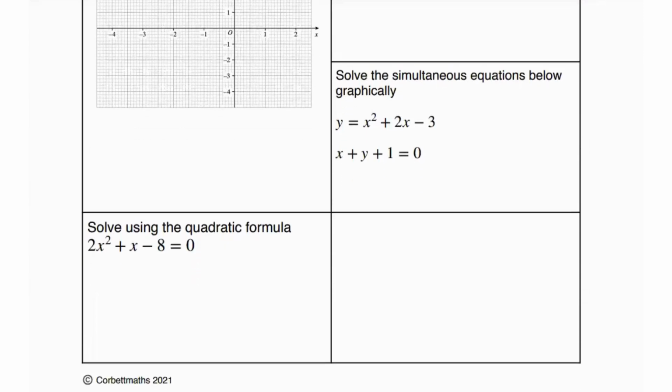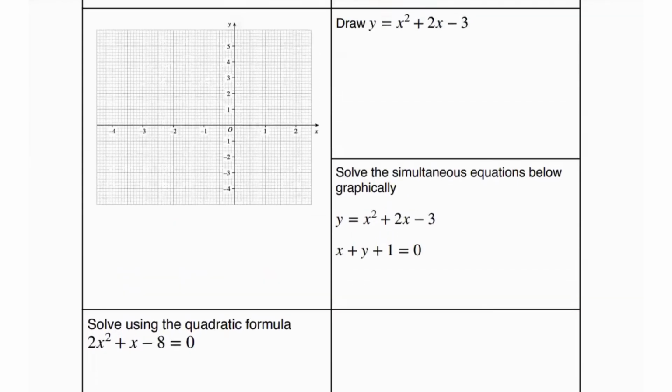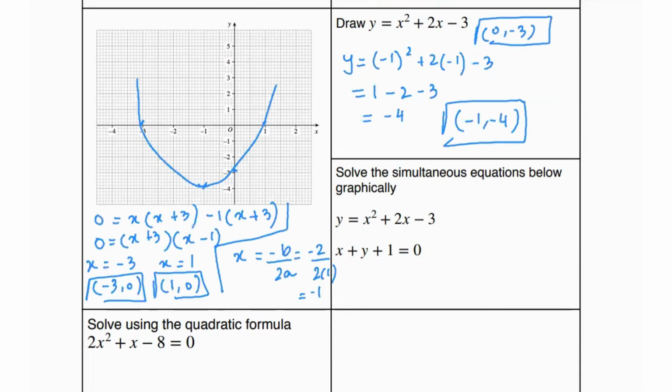Next, it says solve the simultaneous equations below graphically. Since we have to solve it graphically, let me just go back to the graph. Okay, so this was our graph.